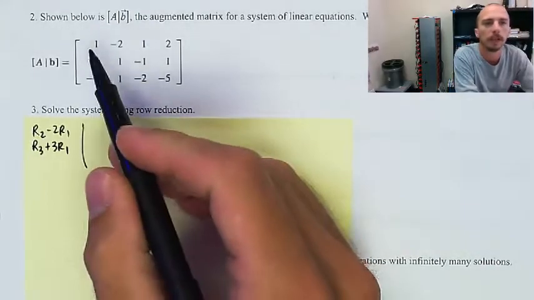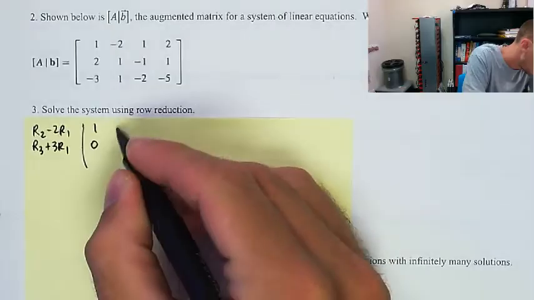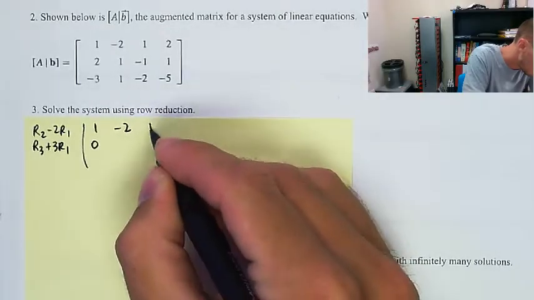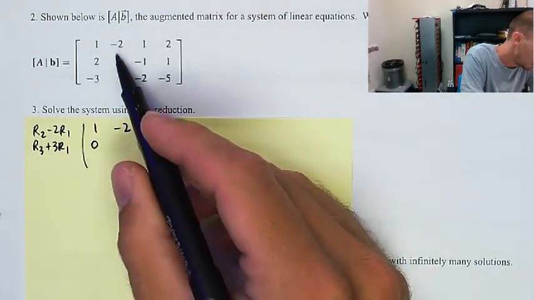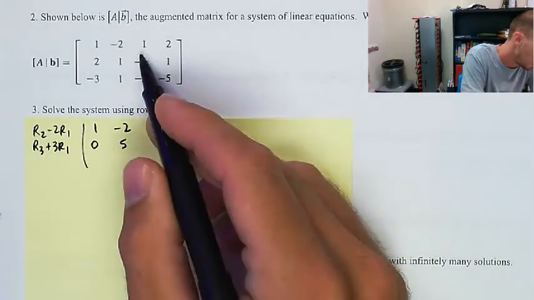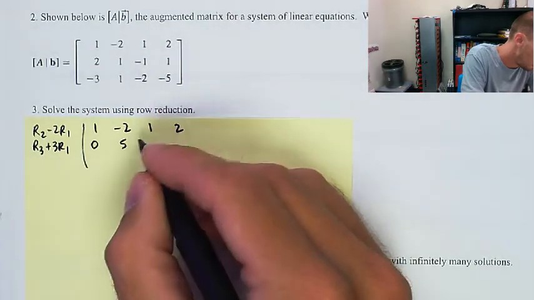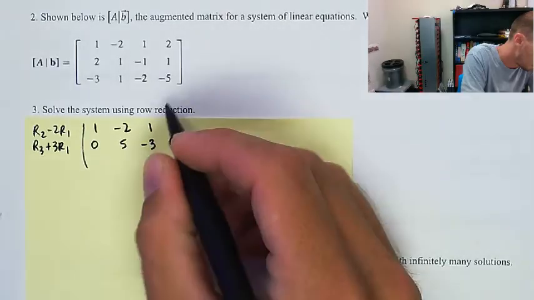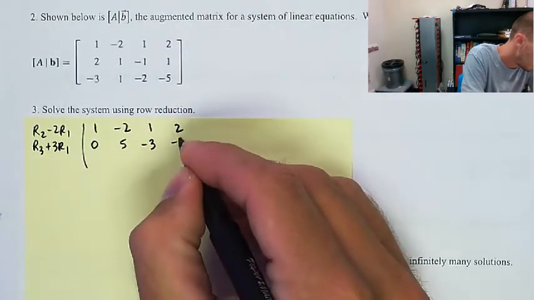Okay, that will get me 2 minus 2 is 0. So I'm not changing the first row yet. Row 2 minus 2 copies of row 1 will be 1 plus 4 is 5. Row 2 minus 2 row 1s is negative 3.